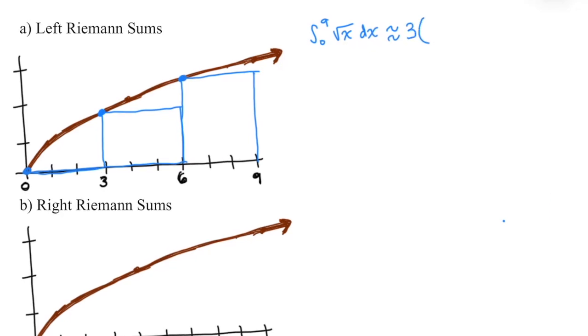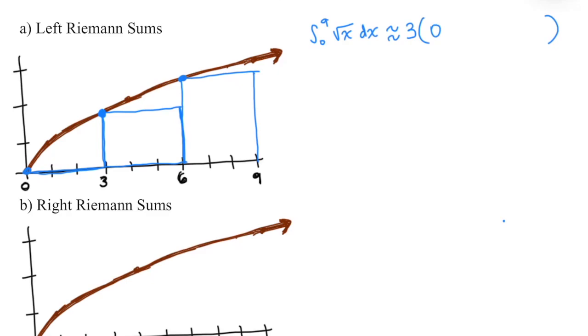So the way that I'm going to write this, using my proper notation, will be the integral from 0 to 9 of the square root of x dx can be approximated as the base of all my rectangles is 3, so I can use 3 in parentheses and then multiply times my heights. So the first height is just 0. The height of my second rectangle is the y value at the point 3.